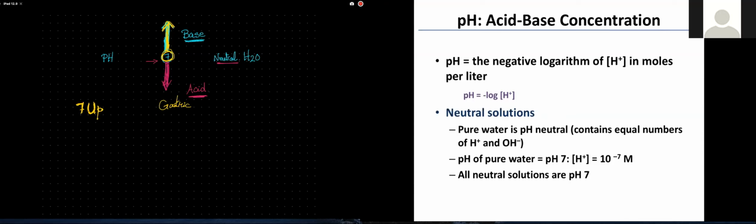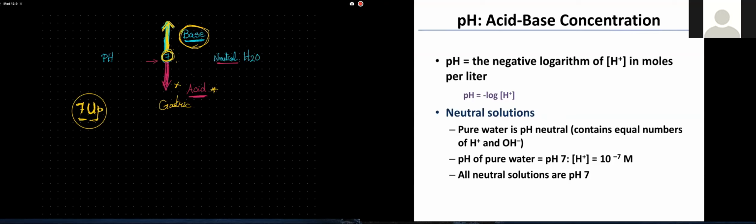So a person who has GERD, burning sensation after he eats, he has acids. So they created this product, 7-Up, to equalize the gastric acidity. So it's going to be 7-Up, it's going up, it's a base. Remember, it opposes the acids.